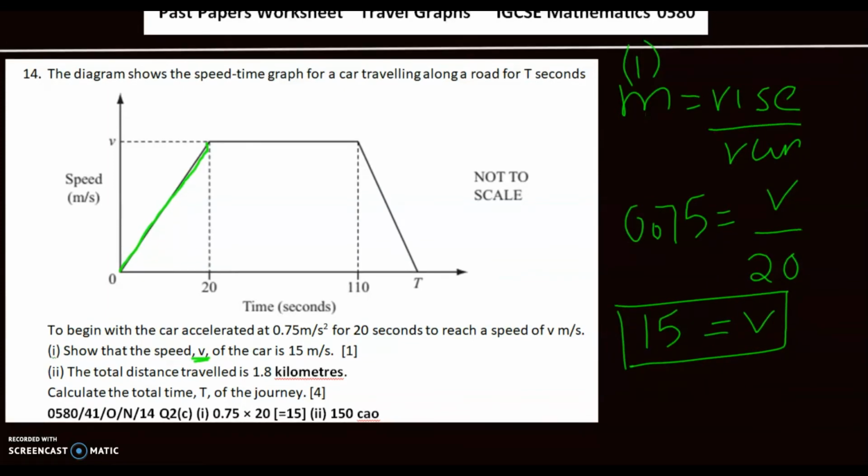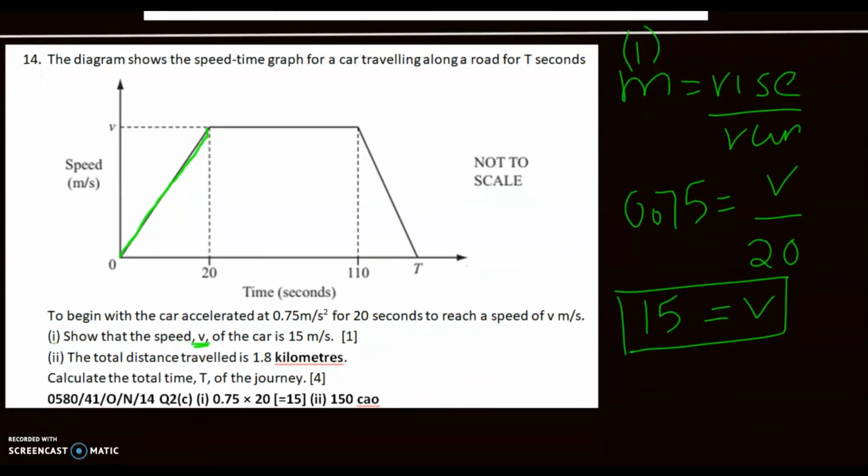Okay, part 2. The total distance traveled is 1.8 kilometers. Since the speed is in meters per second, change this into meters. So 1.8 times 1000 is 1800. So for part B, we do 1800 equals area under the graph, which is a trapezium.